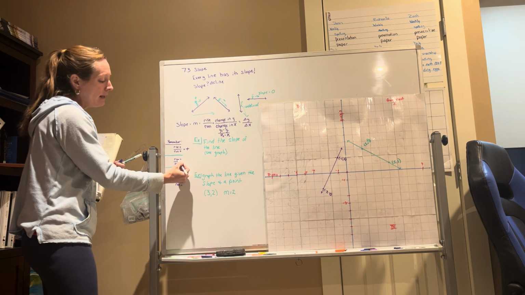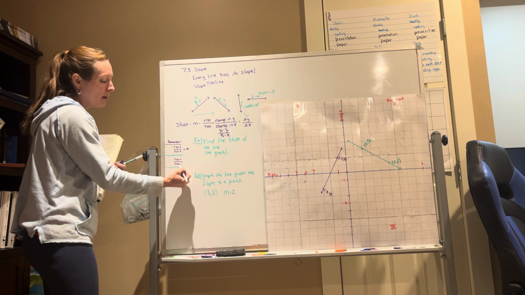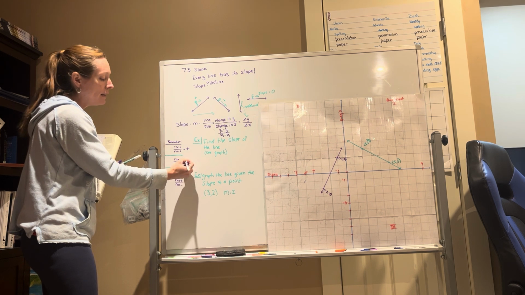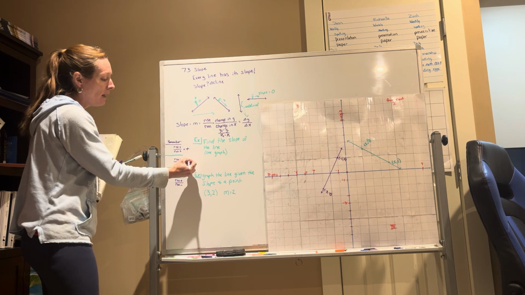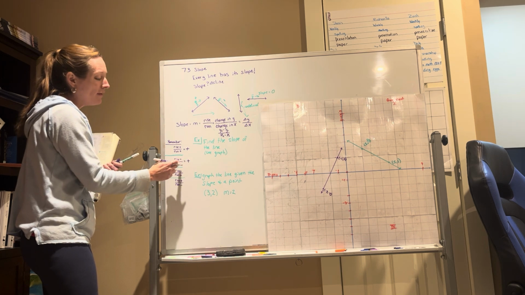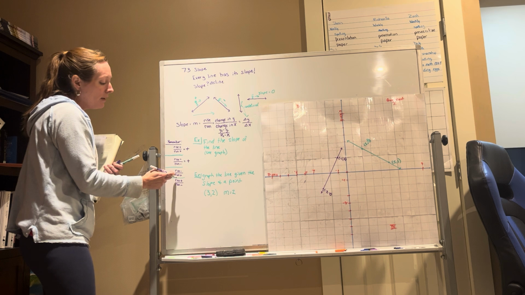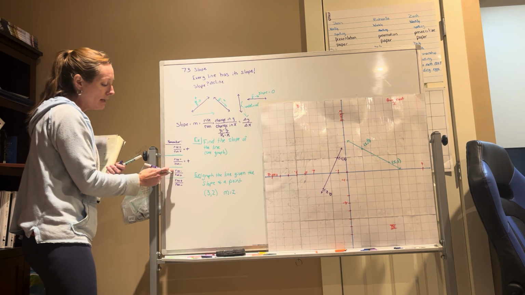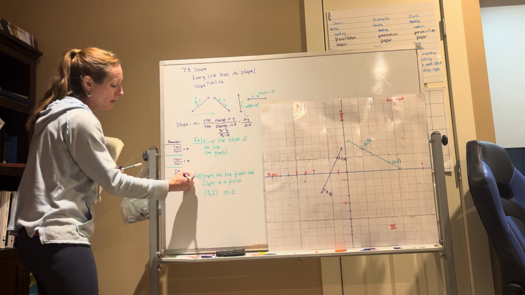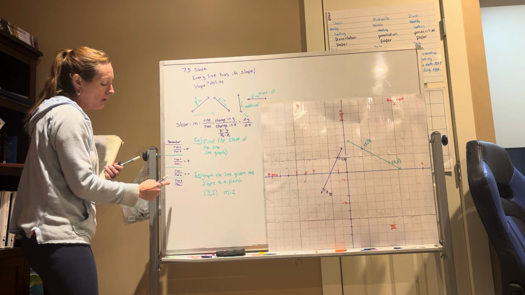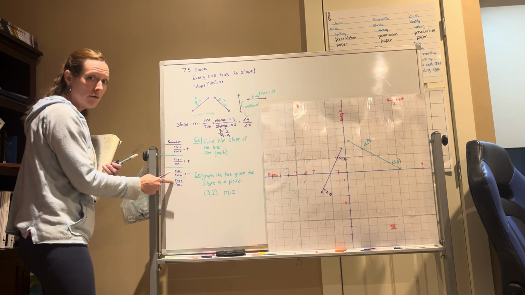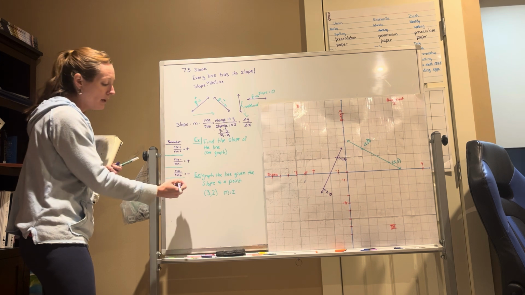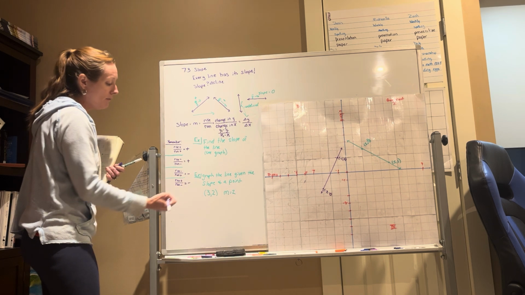If you have a negative rise over a negative run, negative divided by negative is positive. Sorry, you'll have a positive. Then if you have a negative rise over a positive run, you'll get a negative number. If you have a positive rise divided by a negative run, you're going to get a negative number.